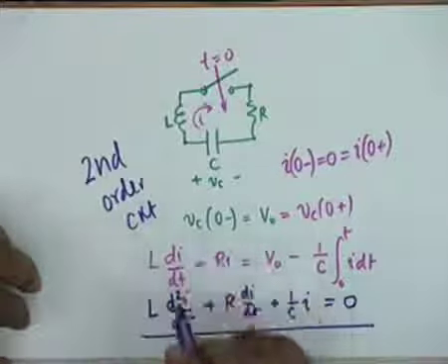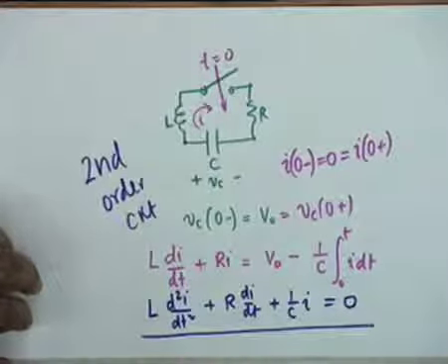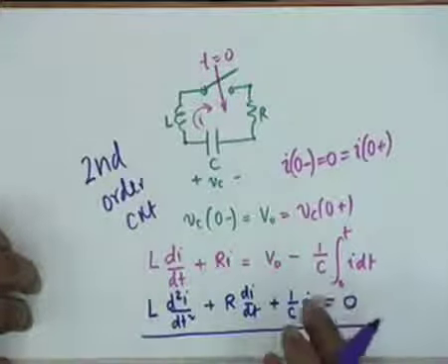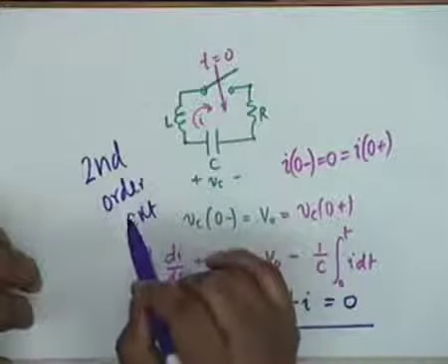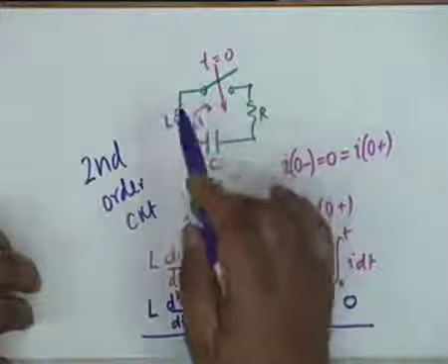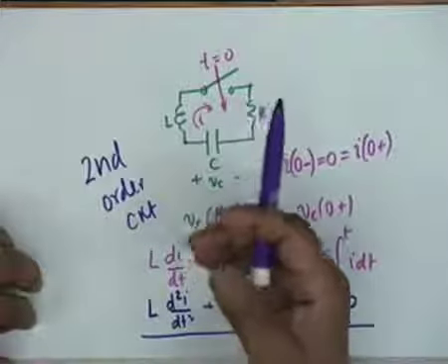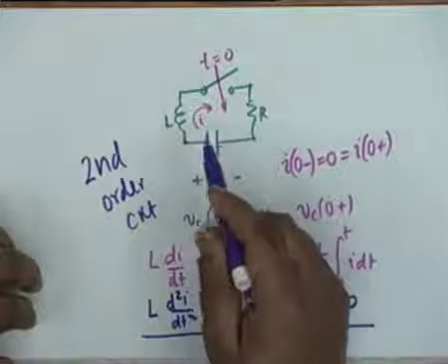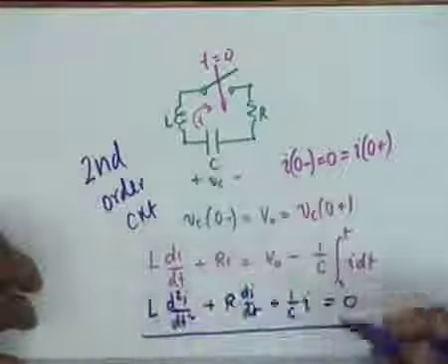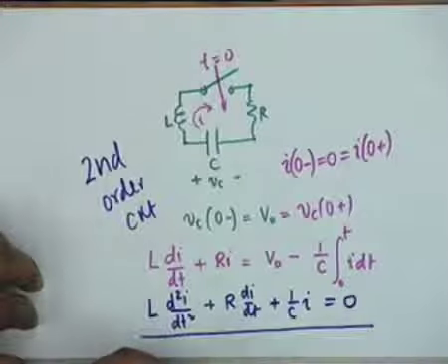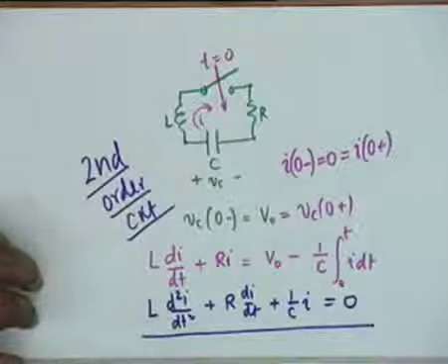The initial energy in this circuit comes from the capacitor voltage. Instead of the capacitor voltage, it could also have come from an initial electromagnetic energy in the inductor. For example, the inductor could have a current of I0, and then at t equal to 0, it is connected across a capacitor and a resistor, exactly the same way, and we would have the same kind of differential equation, a second order differential equation, thus defining a second order circuit.